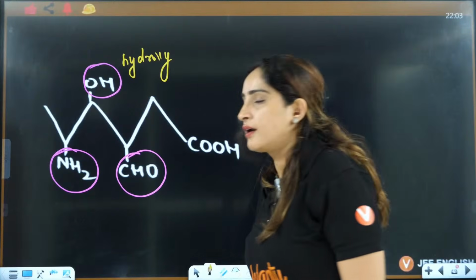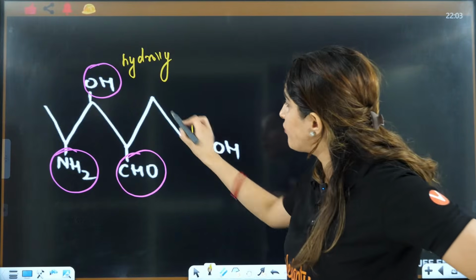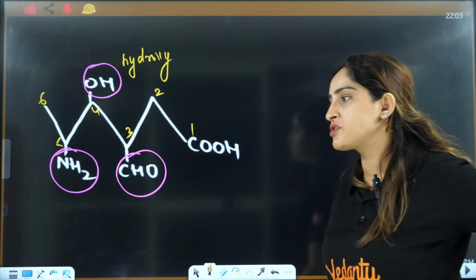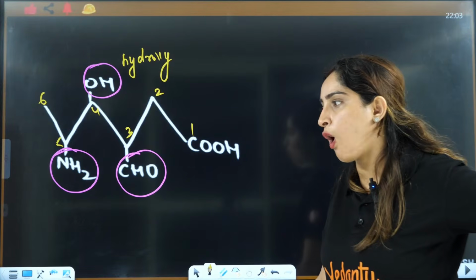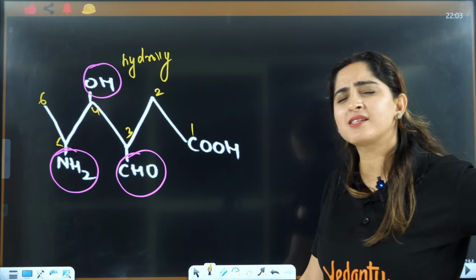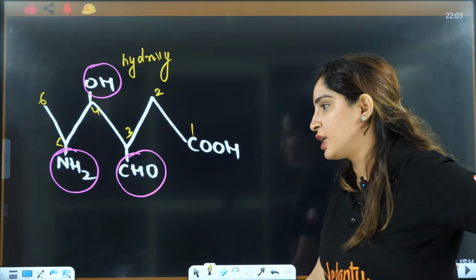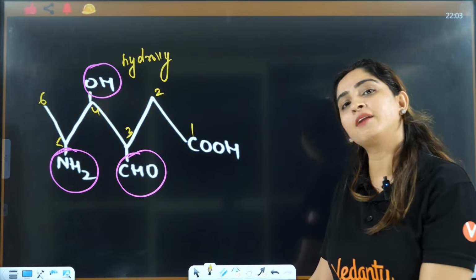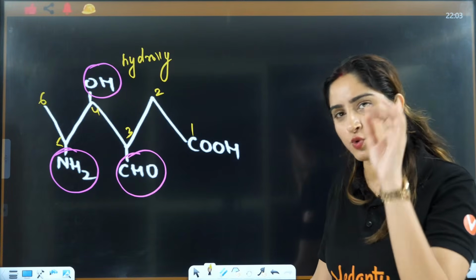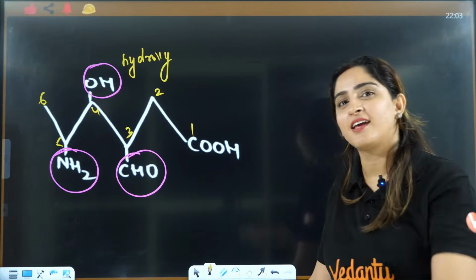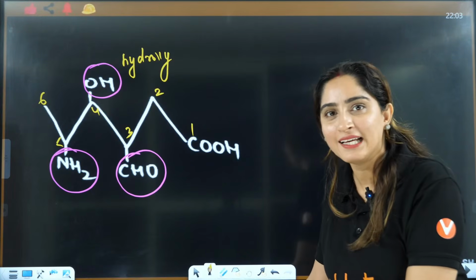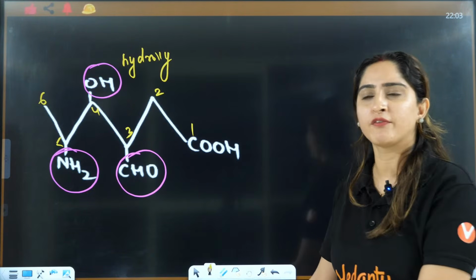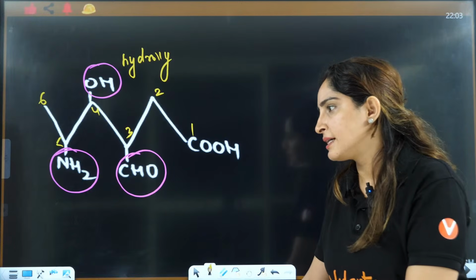This one, if I number it 1, 2, 3, 4, 5, 6, what is the name of CHO? Is it oxo or is this formyl? Let's see who will answer. If you are able to answer this correctly, it means you have understood the concept. That means you have understood today's lecture completely. You just need one more revision of this lecture, like after 1 month or so.